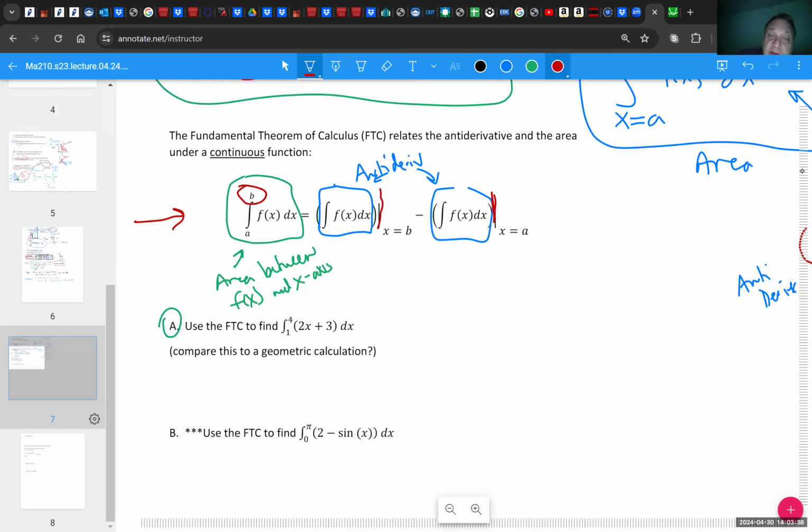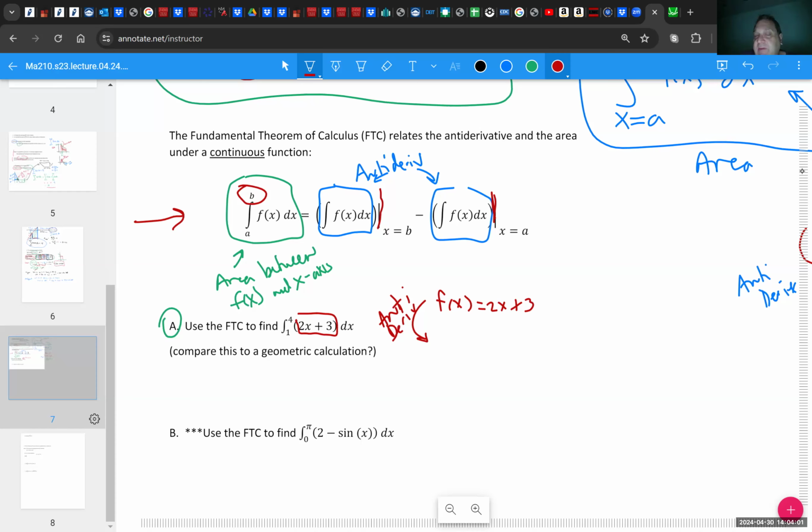So we know this is the function inside, 2x plus 3. So we have to do the antiderivative. So you've got to find the antiderivative to use this formula.